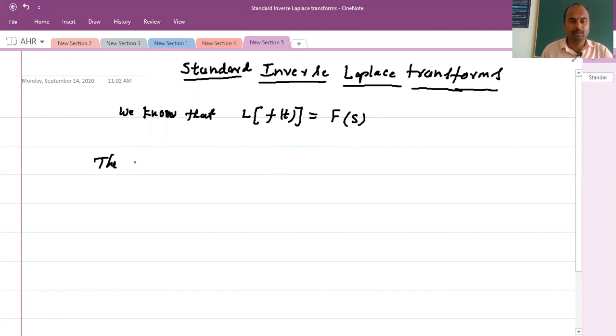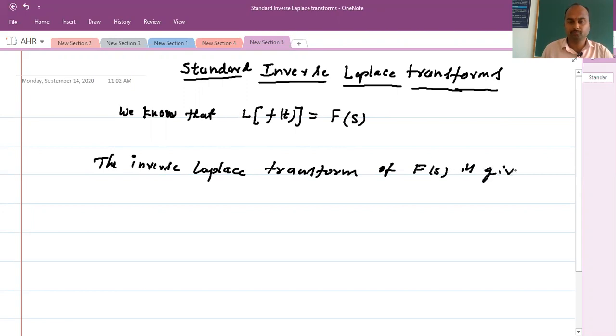Now, the inverse Laplace transform of F of s is given by L inverse of F of s is equal to f of t.